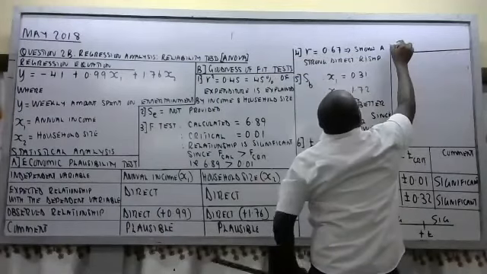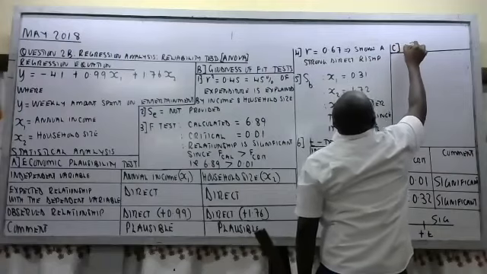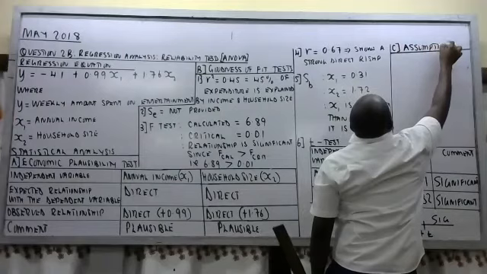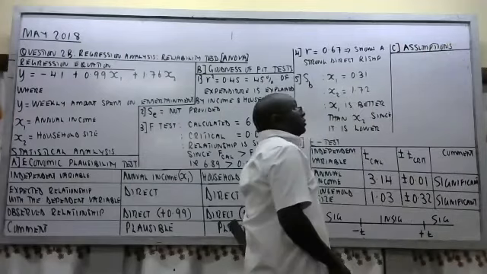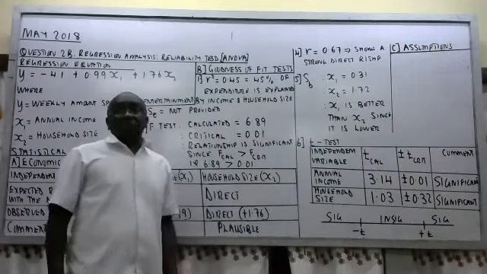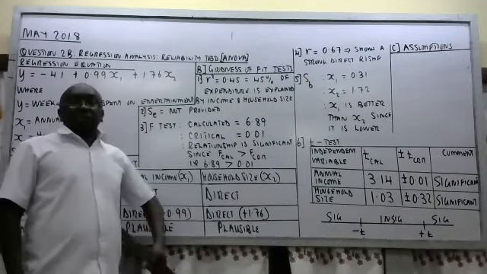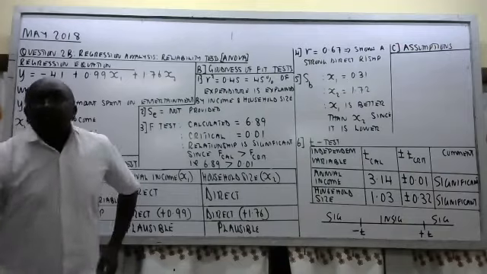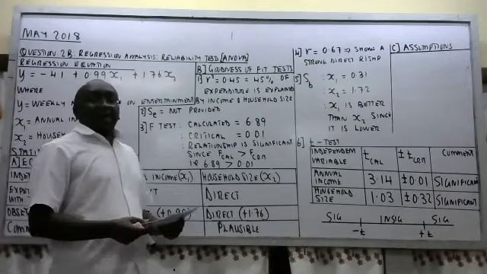The next category, C, is about the assumptions. So I told you there are 6 assumptions.